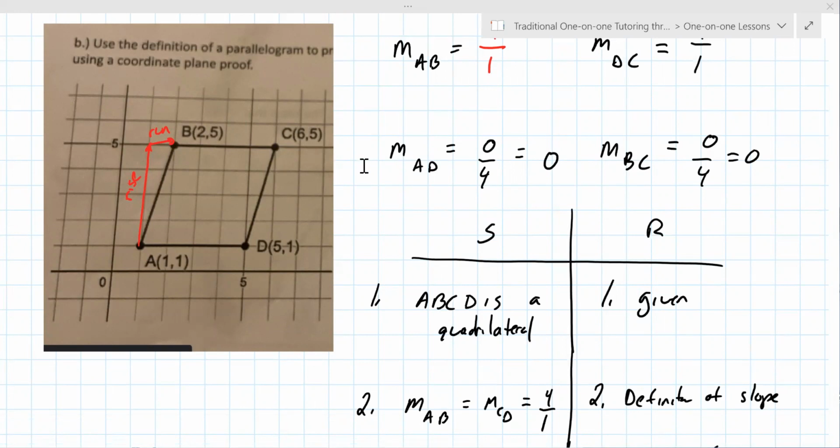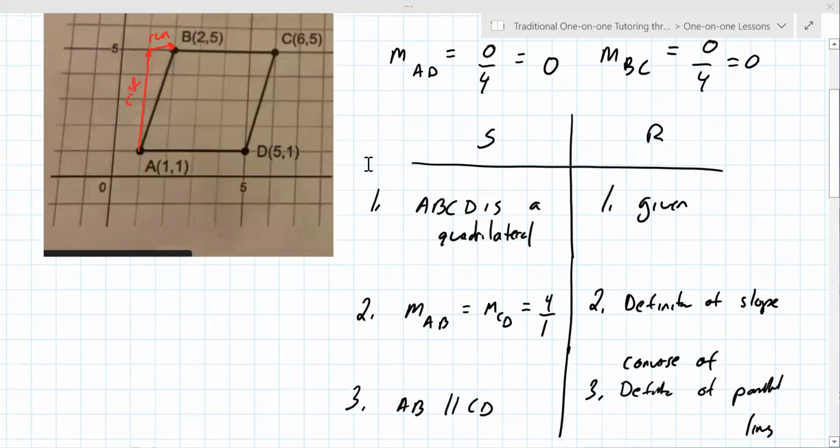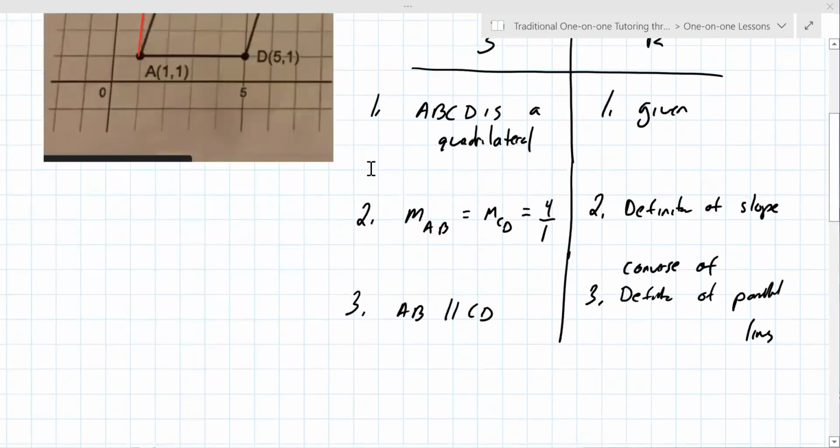Sure. I'm trying to remember the names for it right now. I'm going through my notes, trying to find it. It's where you're using, I guess, alternate interior or something like that, those kind of angles to figure out. Sure.